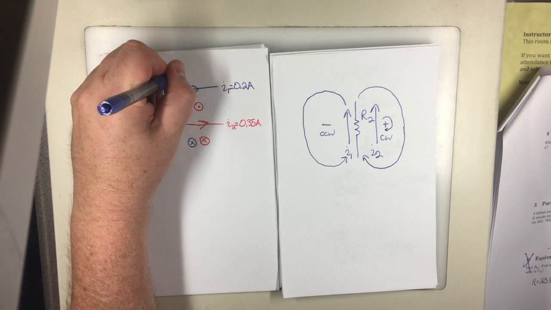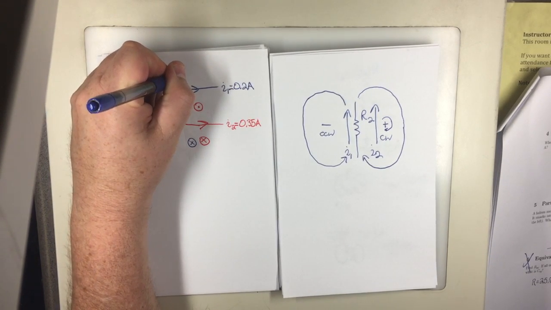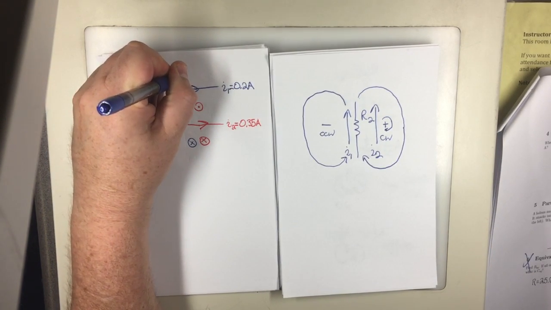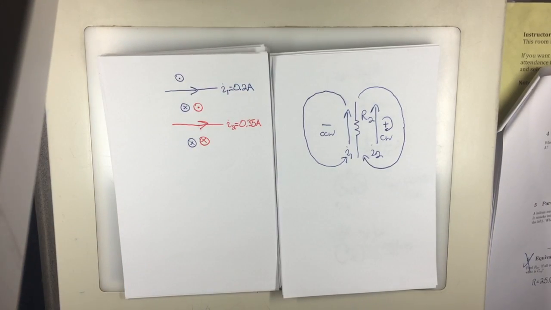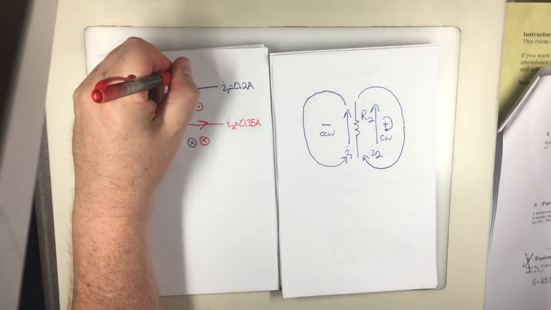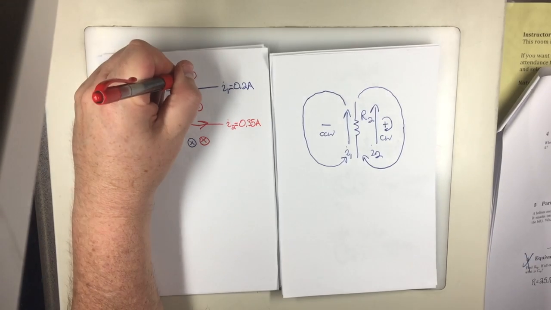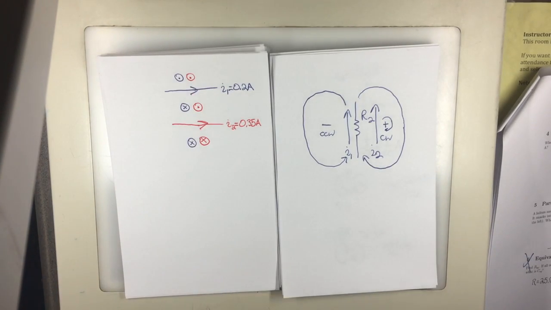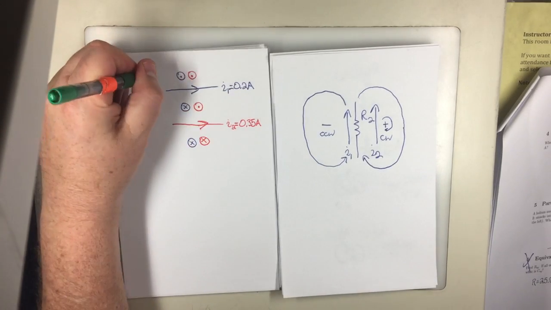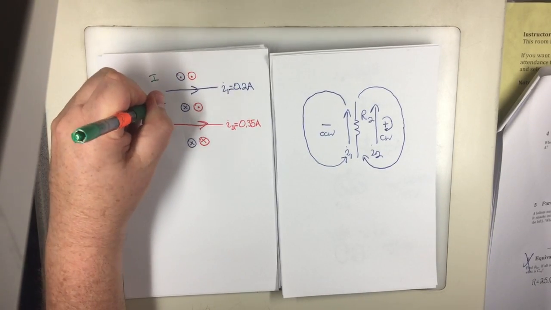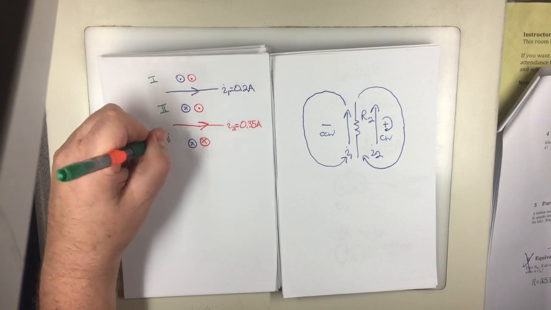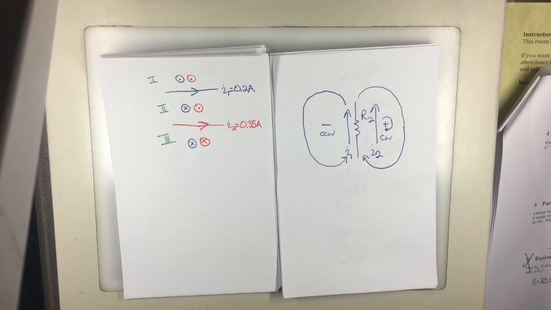Now, just for thoroughness, the B fields in region 1 and 3, the B field will never be 0.